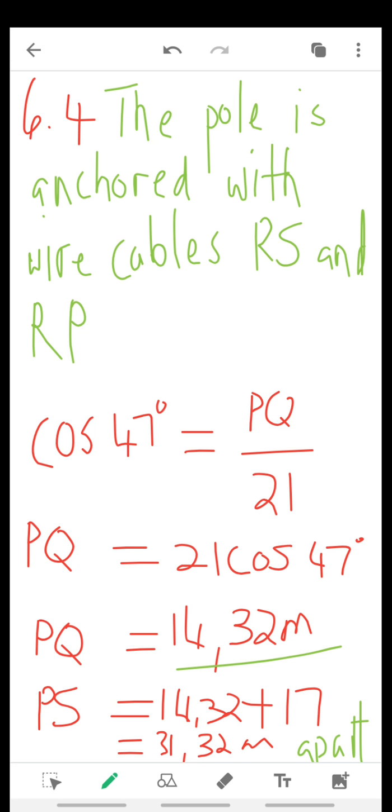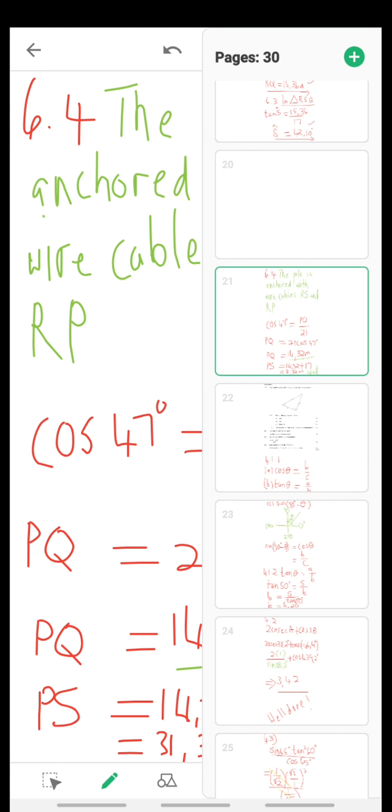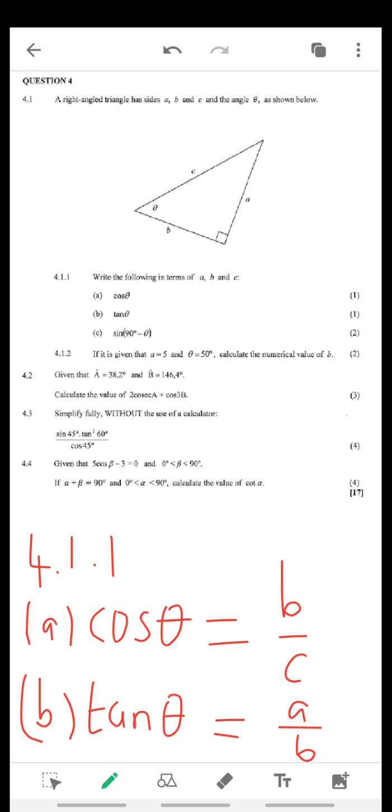Very, very simple. Now, let us go to the last question, which is from a past exam question paper, and you need to do it. A right-angled triangle has sides little a, little b, little c. I think you remember this is how we label the sides of triangles in trigonometry.